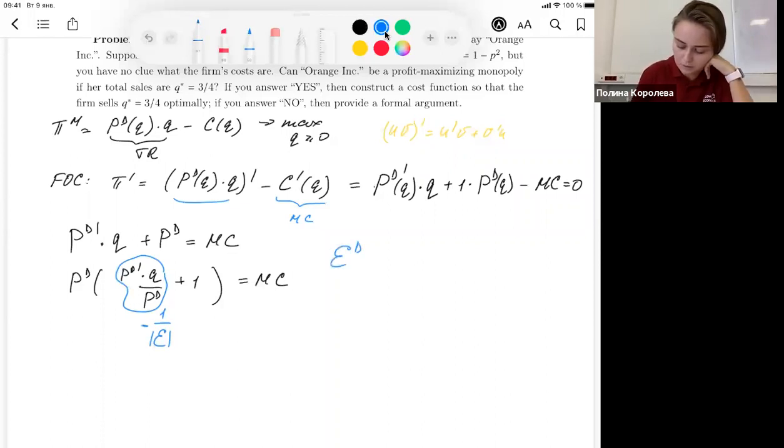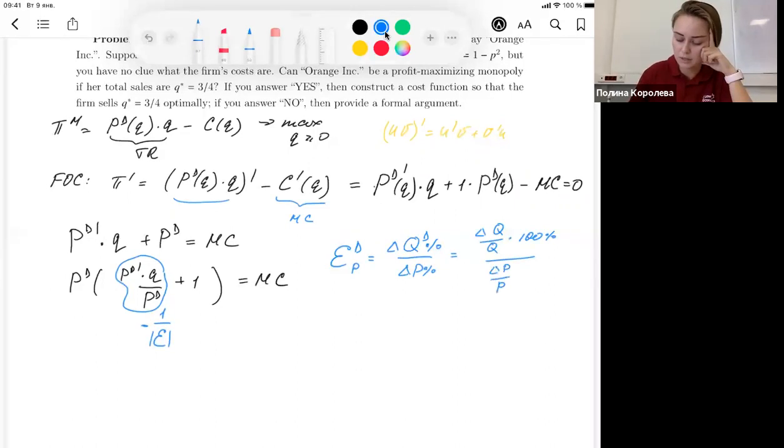Elasticity of the demand by price, by definition, is how our demand changes in percents if we change the price in percents. This is the change in quantity over quantity multiplied by 100% divided by the change in price over price multiplied by 100%.